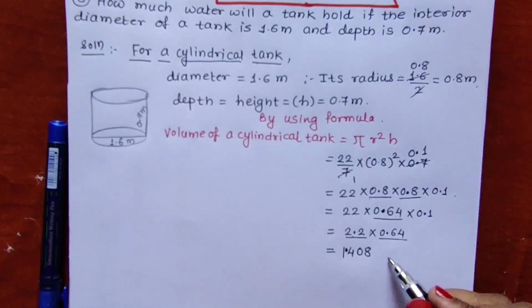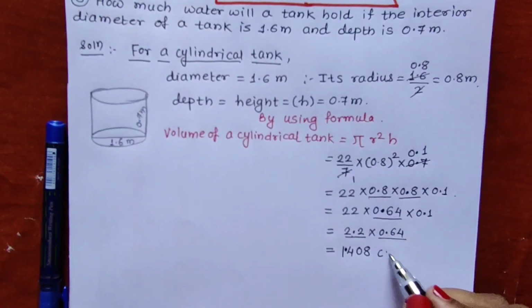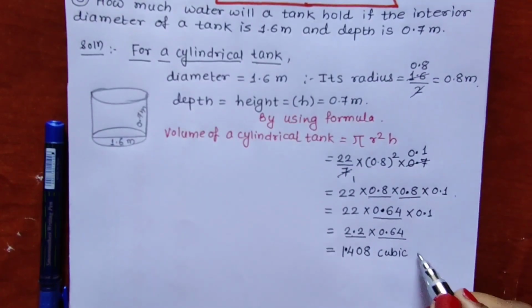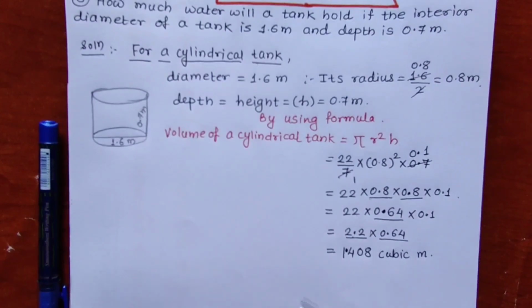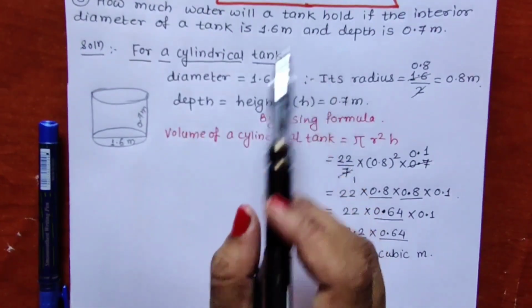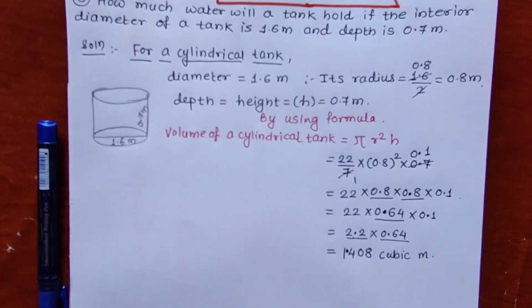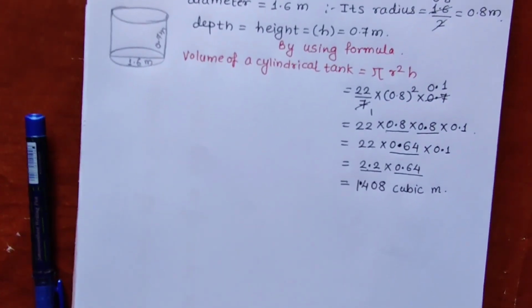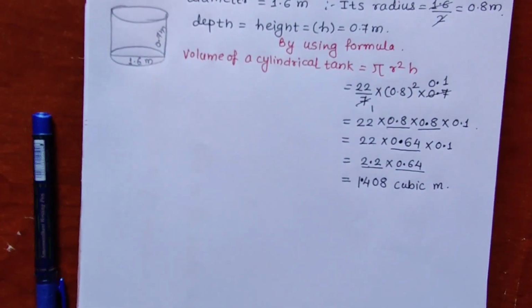Now this is cubic meter. Now we have to find out how much water a tank will hold. That means we have to find out the capacity of water. So we will convert this cubic meter into liter.